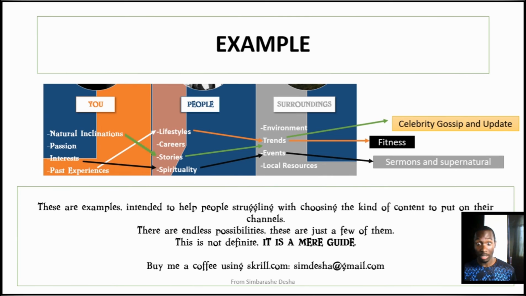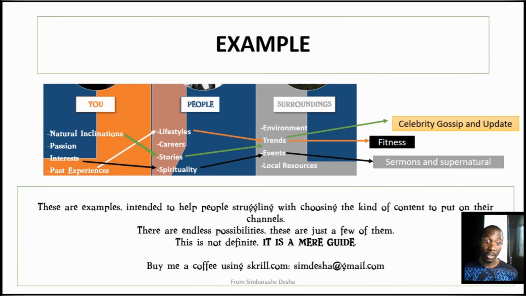When you're talking about celebrities, when a celebrity shows up at a red carpet event wearing a red dress and you report the story, it's a trend because they set the trends for fashion. It then becomes suitable for a celebrity gossip channel. You understand?